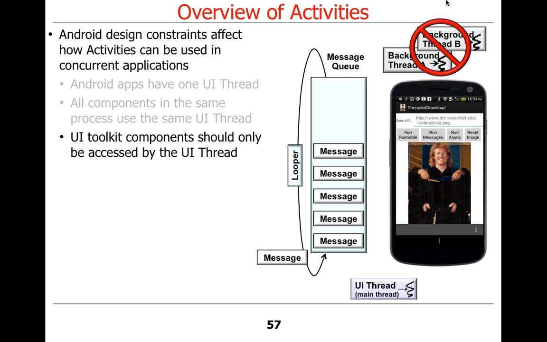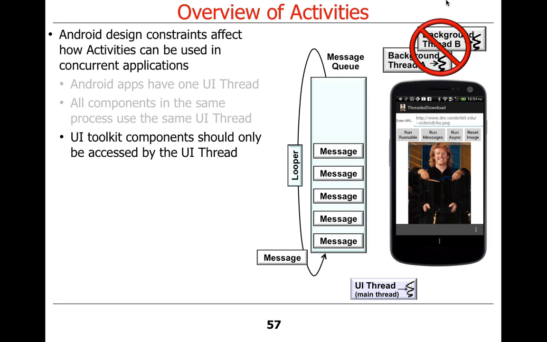Moreover, because of the way things work, the user interface components or toolkit components, things like menus or views, all the stuff that goes into interacting with the user, all have to be done in a way that's not called from multiple threads. They are not thread safe. There are no synchronization mechanisms on those widgets. They're just accessed, and they assume that they're being called in one thread, and that thread is the UI thread.